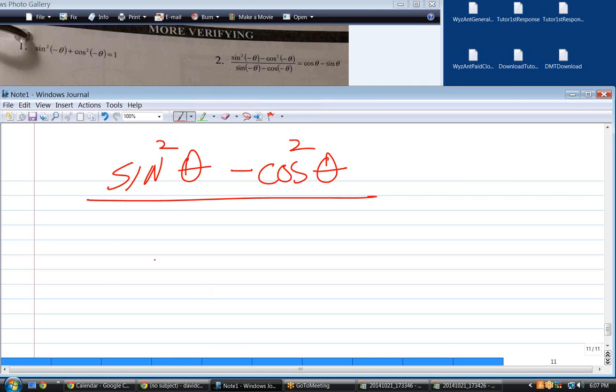All over what? Let's simplify the bottom. Negative sine theta minus cosine theta. Okay. Factor the top.